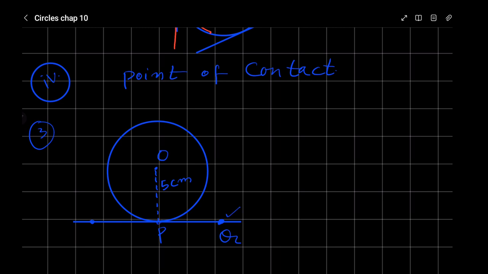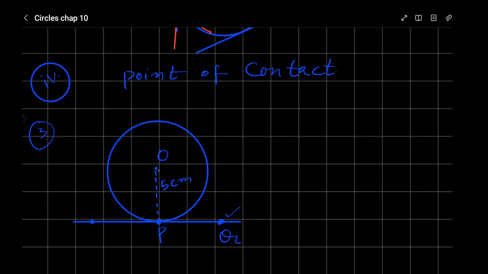So P is the point of contact and Q is another point on that straight line or tangent. Okay. And the center is O. Let us just go further. It meets a line through the center O at a point Q so that OQ is 12 centimeter.